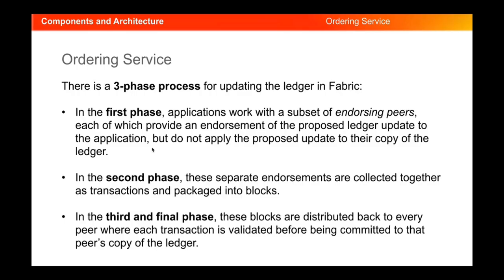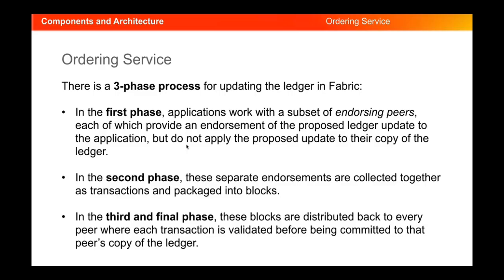So, in the first phase, what happens? When the application sends an update transaction to the endorsing peers, they provide an endorsement and the proposed ledger update back to the application. At this point of time, the peers do not apply the update to their copy of the ledger.